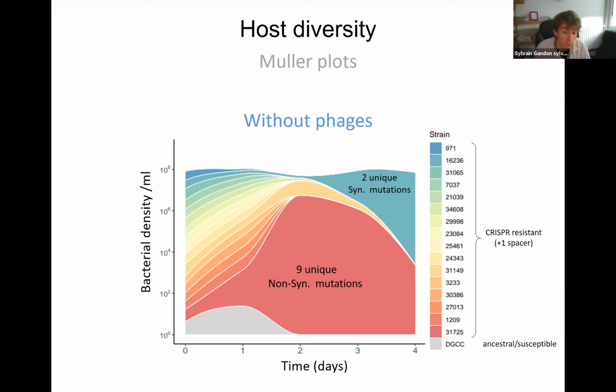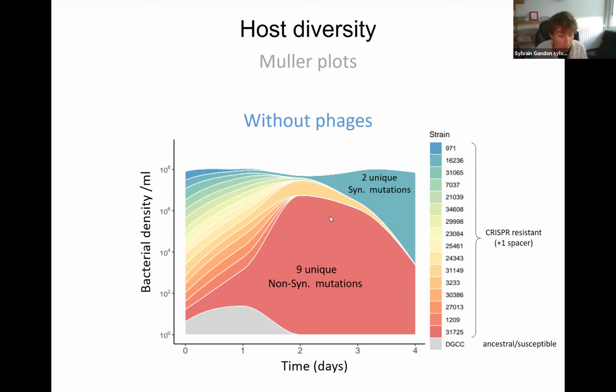So maybe some of those mutations are beneficial for the bacteria, and that's what is driving the higher competitive ability of the red strain. It's unclear what's going on with the green type, because all its unique mutations were synonymous. So maybe there is some pre-existing mutation that is spreading and allowing this green type to be more competitive by the end of the experiment. We don't know.